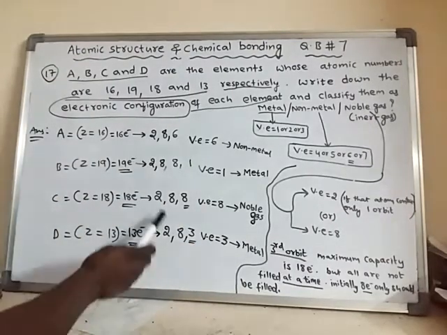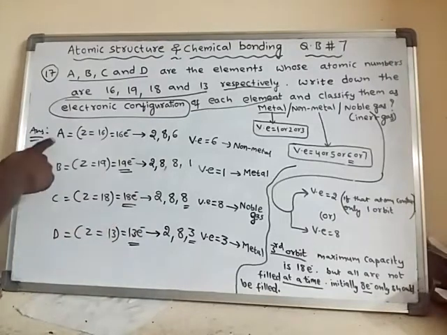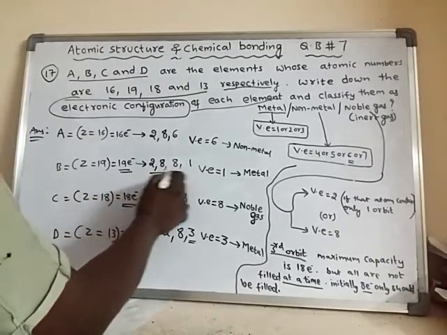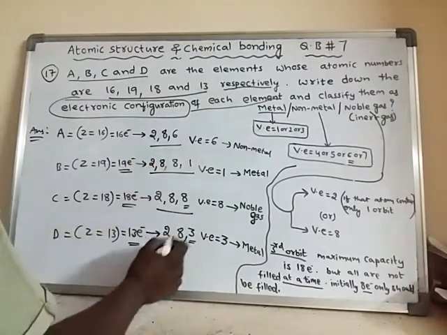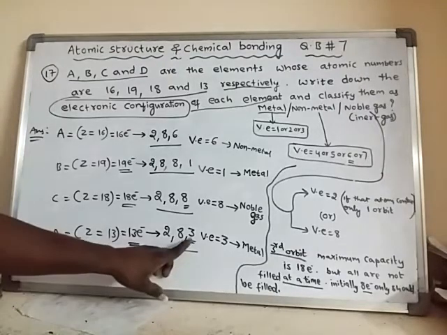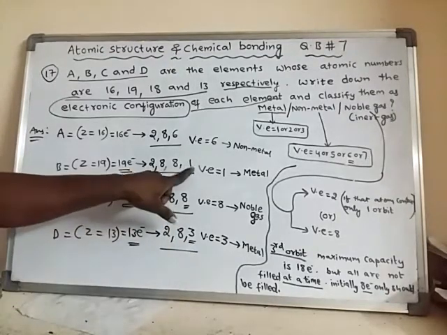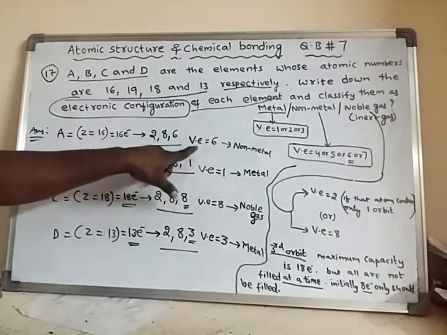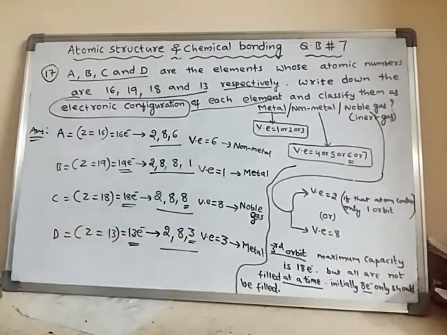And this is how the electronic configuration of these elements is written. Always remember that the last orbit is also called the valency shell, and the electrons present in the valency shell are called valency electrons.